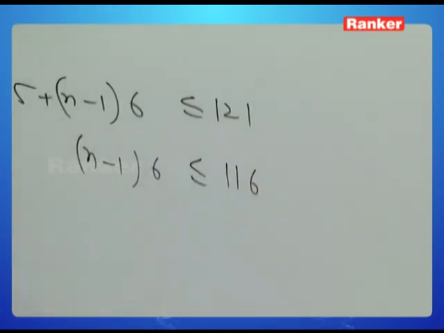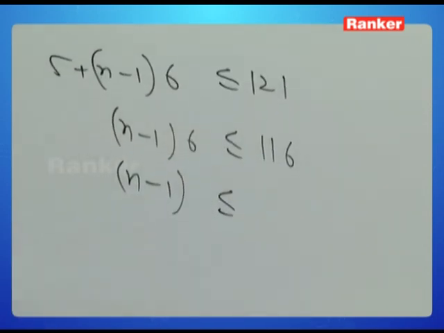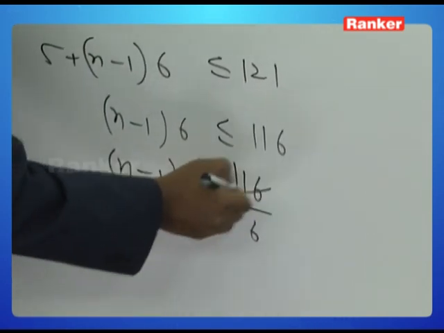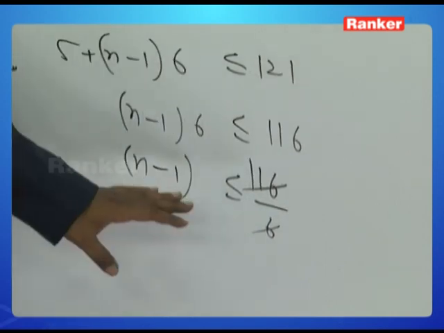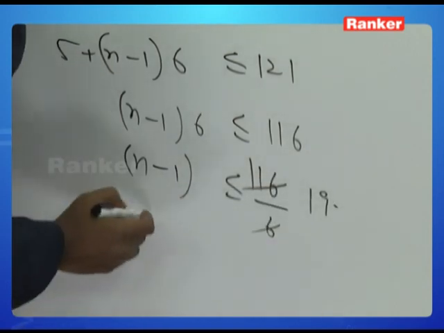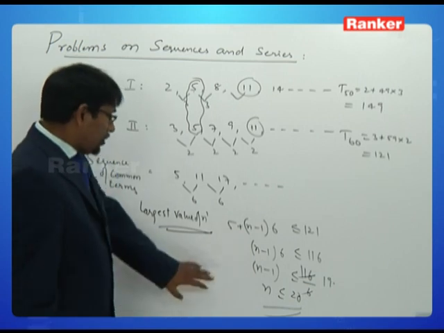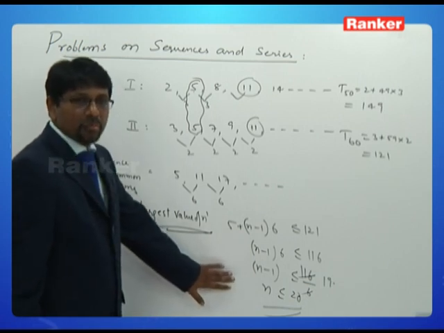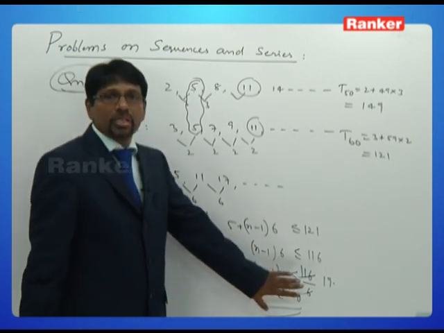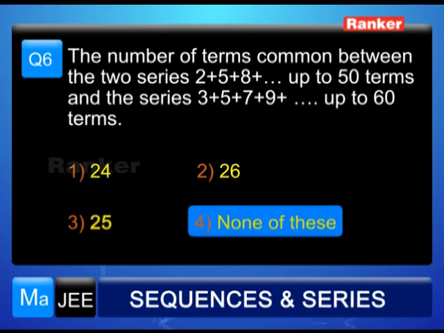So n minus 1 should be less than or equal to 116 by 6, that is approximately 19 point something. So n has to be less than or equal to 20. So 20 should be the number of common terms, the largest value of n is 20 here, and none of the options are giving us that. So the answer is 4.